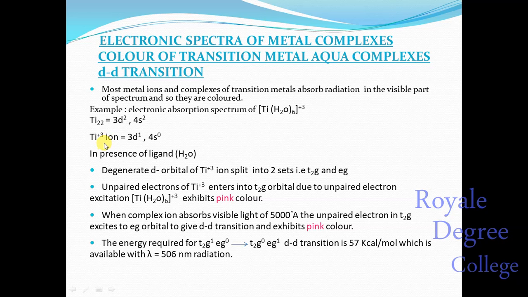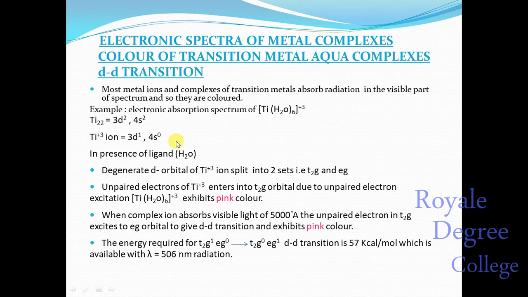Now when the titanium atom loses 3 electrons, it is converted to the titanium ion, that is Ti3+. Its outermost electronic configuration is 3d1 4s0. Means from 4s, 2 electrons are lost, and from 3d, 1 electron is lost. At that time, we get the electronic configuration of the titanium ion, that is 3d1 4s0.